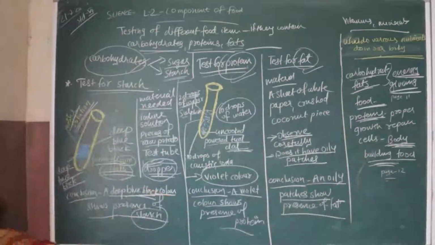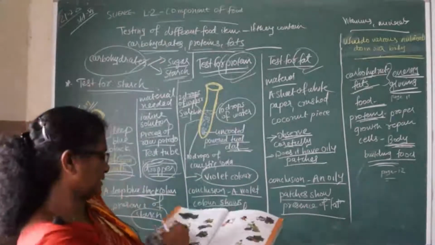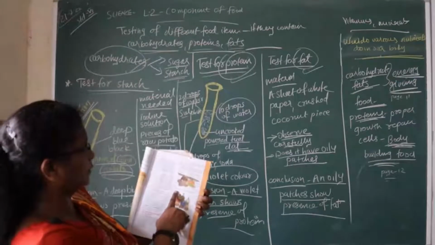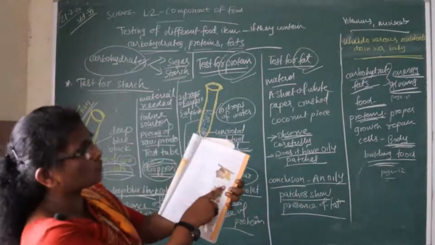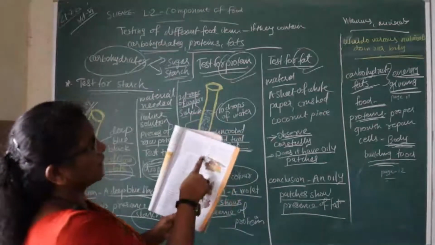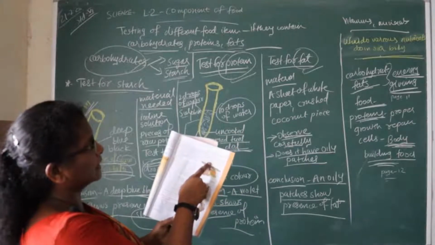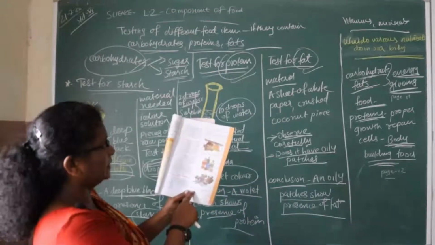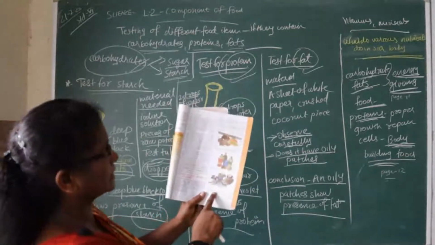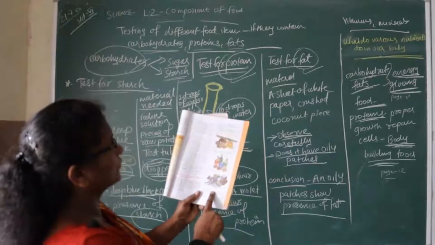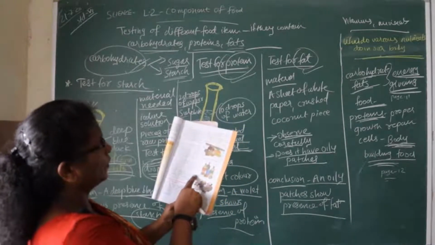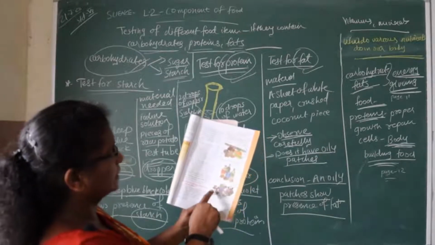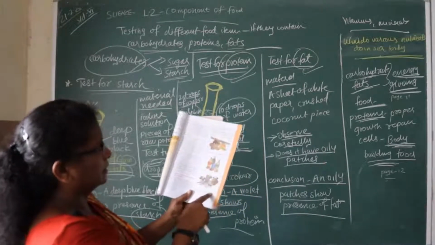In your textbook on page number 11, figure 2.3, you can see some sources of carbohydrate: sweet potato, wheat, rice, potato, etc. In figure 2.4 you can see some sources of fat, different types of oil: sunflower oil, mustard oil, coconut oil, which are plant sources.